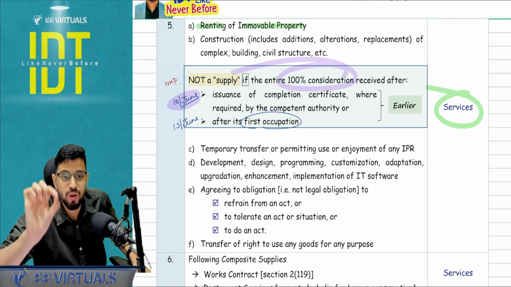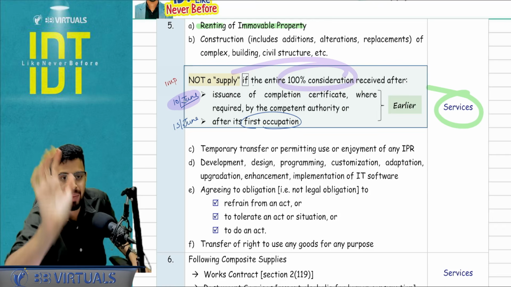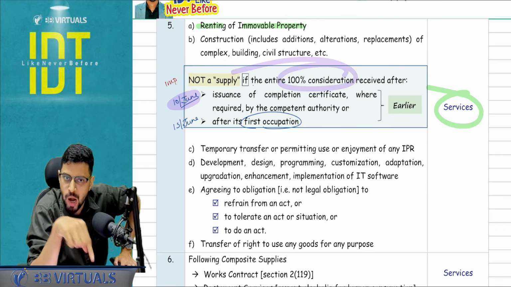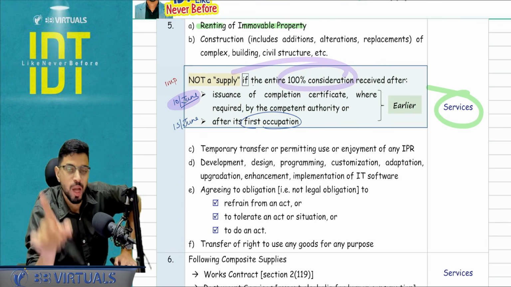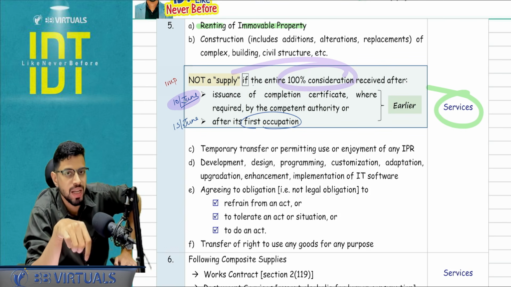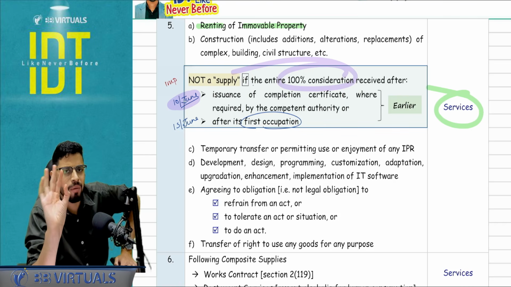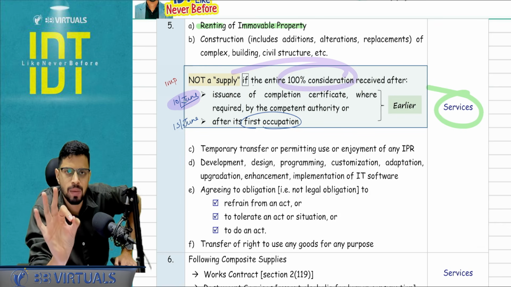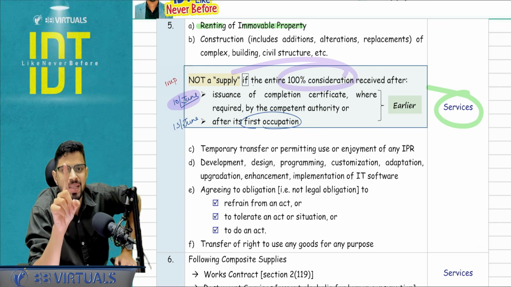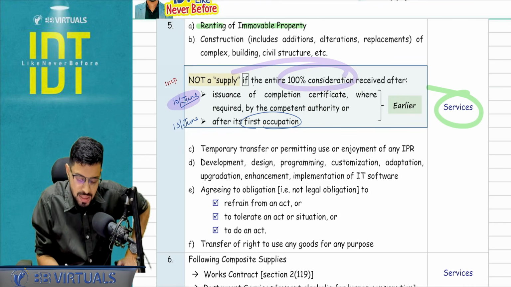Even if I give rupee 1 advance for booking my flat, it will fall outside this scope and it will be chargeable under GST. If you comply with this condition that 100% of the amount is received after this earlier of the two dates, it means you are buying a completed property, and that, my dear, is covered under schedule number 3. It is not a supply.